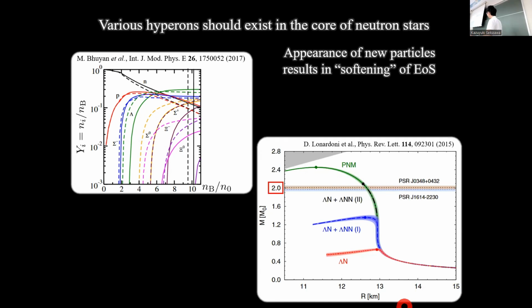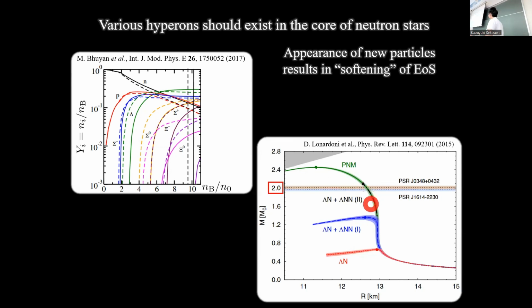Using one equation of state with this kind of particles, we can calculate the relation between mass and radius for this neutron star.